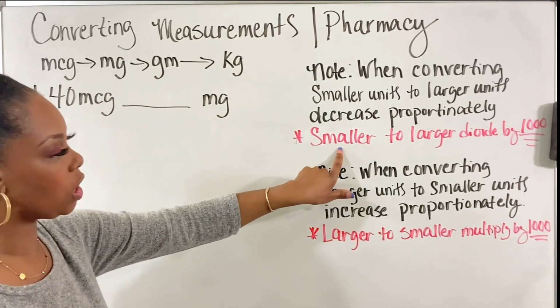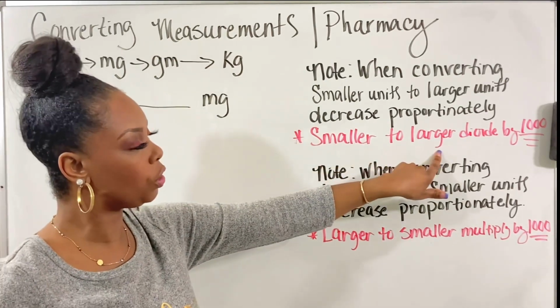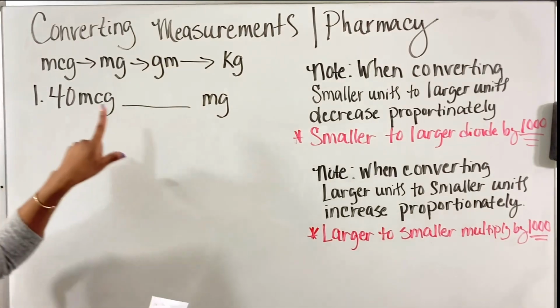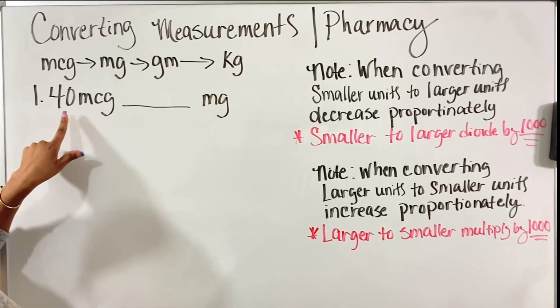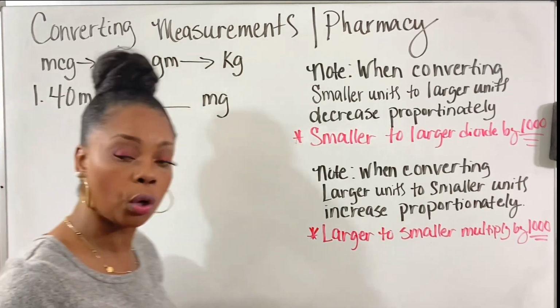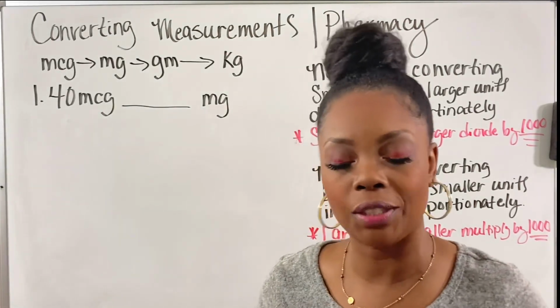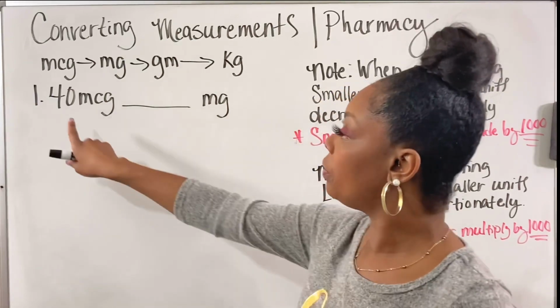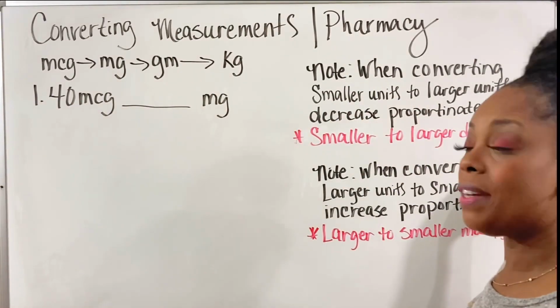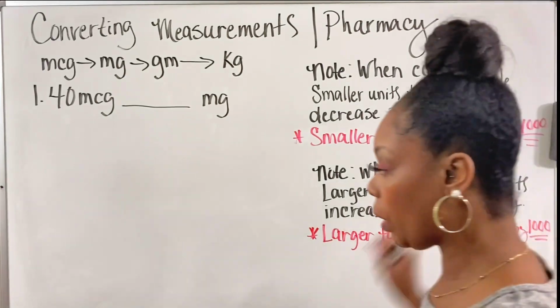We need to divide by 1,000, all right? So we need to put 40 micrograms, just put 40 into your calculator. Of course, you cannot put micrograms into your calculator, okay? So put 40 into your calculator and divide it by 1,000. That's exactly what I want you to do.